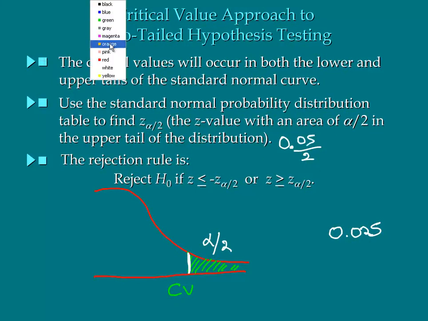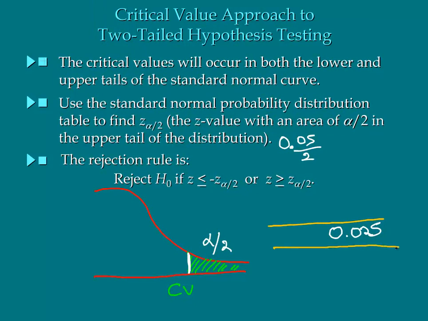Now, when you're looking at statistical tables, you have to search through the tables and get as close as you can to this. You find the row number, and you find the column number. Whatever the row number and column number are, that gives you the critical value.